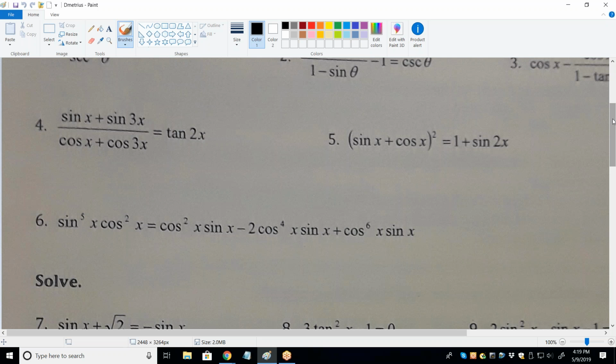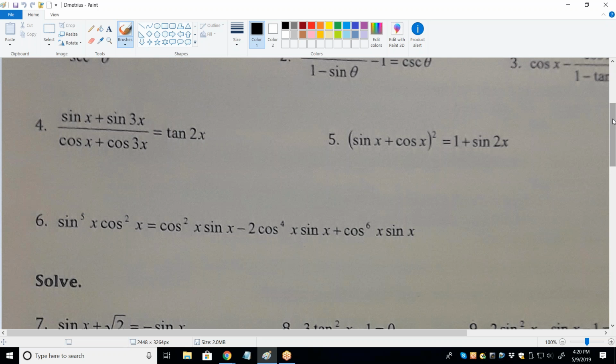So, here's the best way that I know of to memorize stuff. Make flashcards. Get some index cards. On one side, write tangent of x. On the other side, write sine of x over cosine of x.